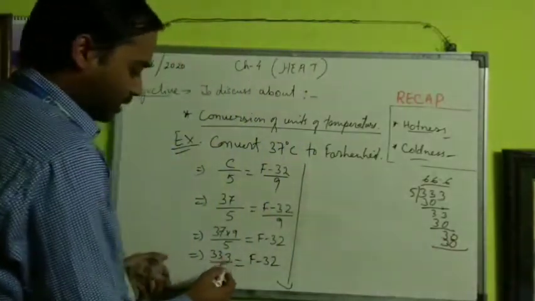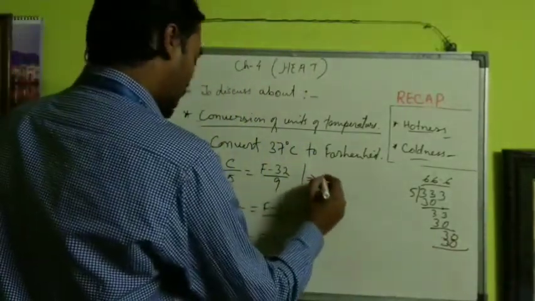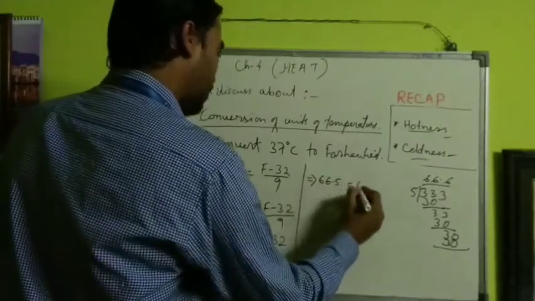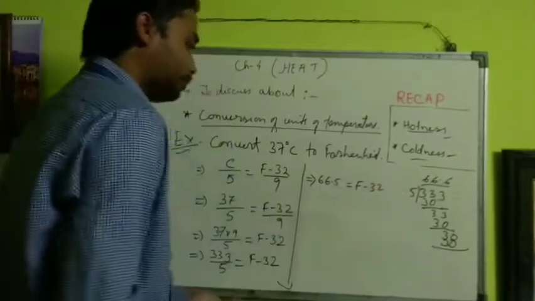So 333 by 5 is 66.6, and on the right hand side we are left with F minus 32.